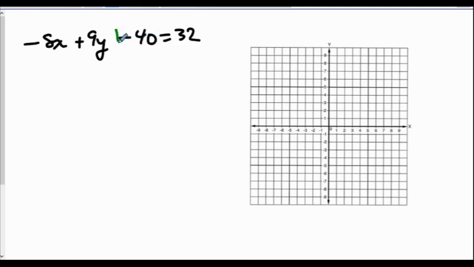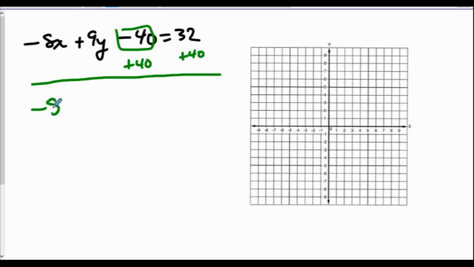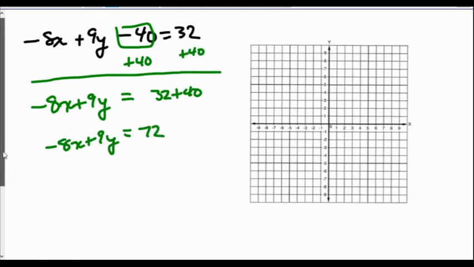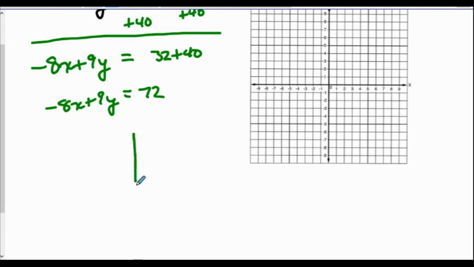I don't want this 40 here. Since this was taking away 40, I'm going to add 40 to both sides. You can't do it to one side without doing it to the other. So now I have negative 8x plus 9y equals 32 plus 40, and 32 plus 40 is 72. Once again, I'll write my first step in there.